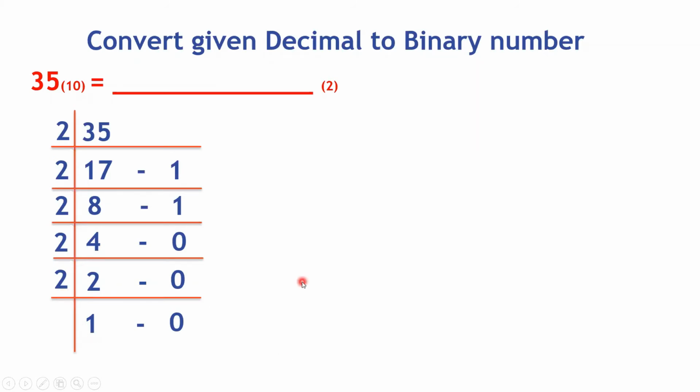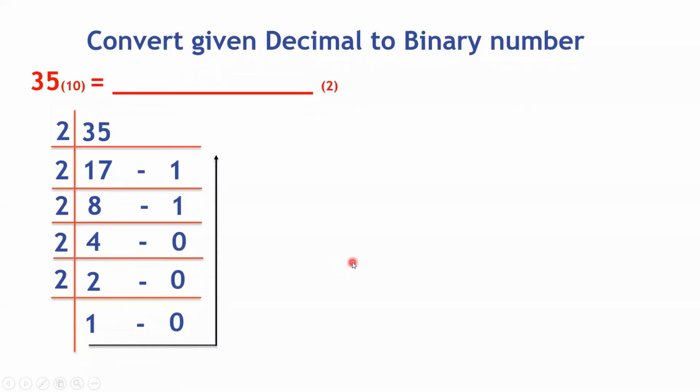So now how to write this? This is how we are going to divide the given decimal number to convert it to binary. We have to write it from bottom up. So if we write, the equivalent will be 1 0 0 0 1 1.